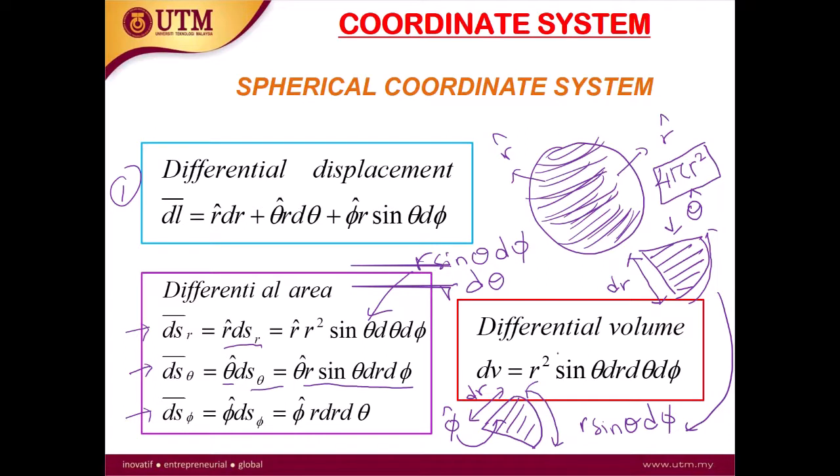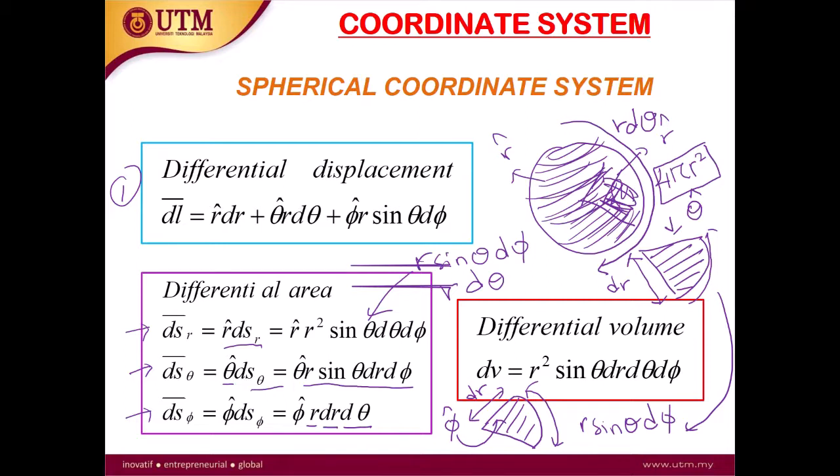This curve is basically r d theta, and it also depends on dr. So in the direction of phi, we get r d theta dr. There are three different areas, whether facing the phi direction, theta direction, or r direction.